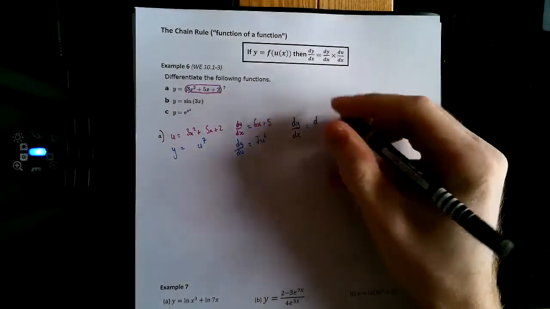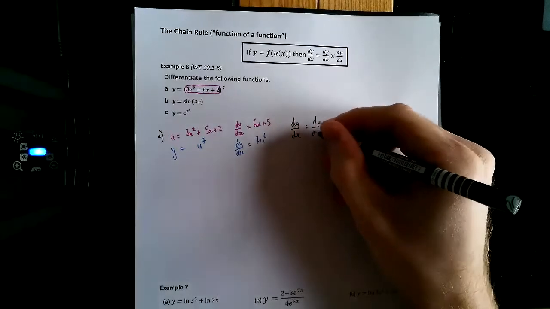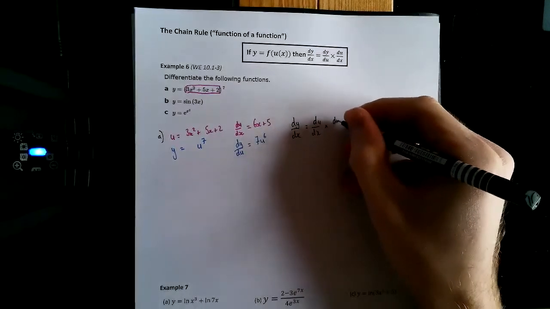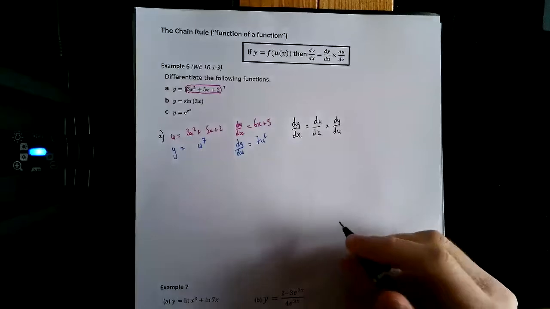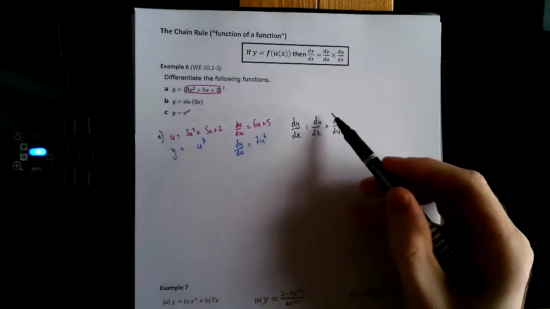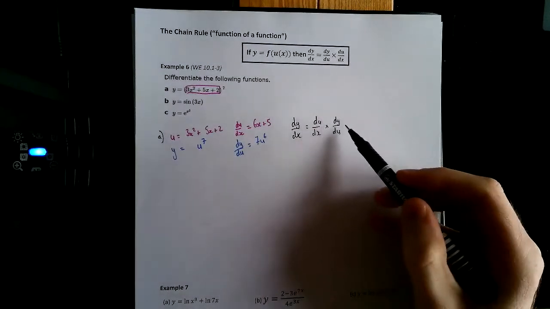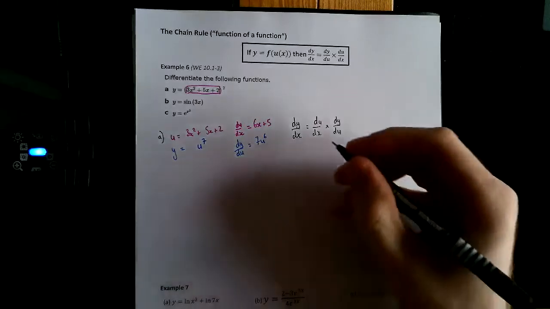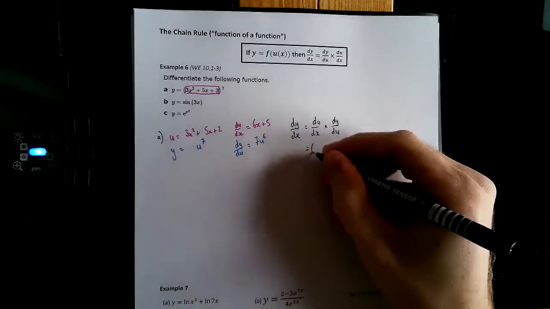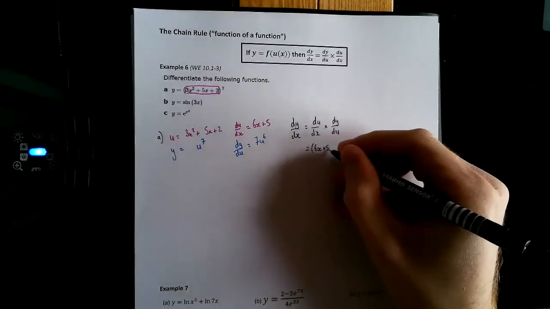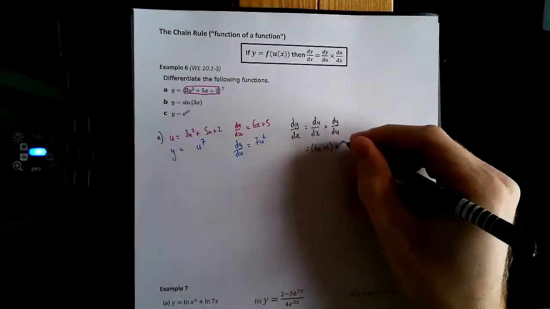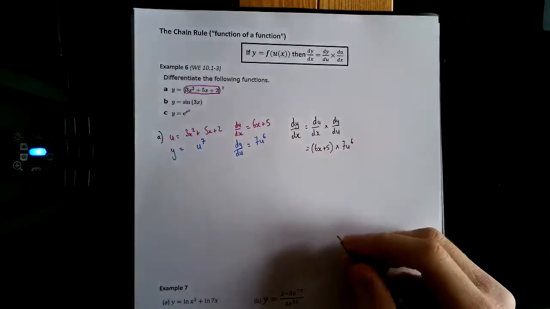So I do du by dx times dy by du. What's happening here is these du's are cancelling out, just leaving me with dy by dx. So I get 6x plus 5 times 7u^6.